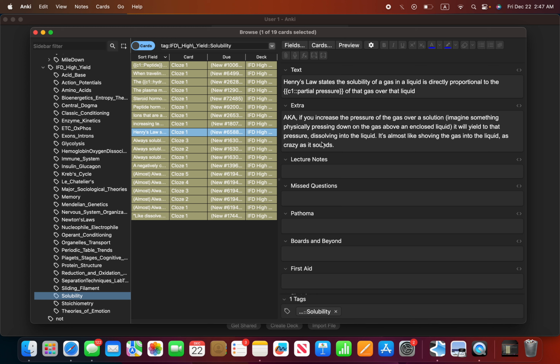It's crazy, because how can a gas get shoved into the liquid?